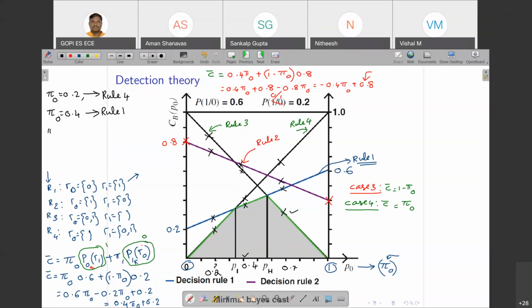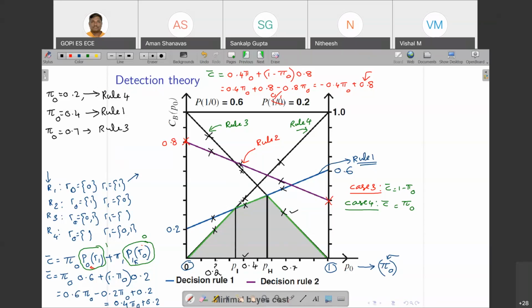So if my pi naught is 0.7, you have to go for rule 3. Interestingly, there is no way that rule 2 comes into the picture in this figure. For any prior probability, rule 2 is not the minimum. That is the interesting point.